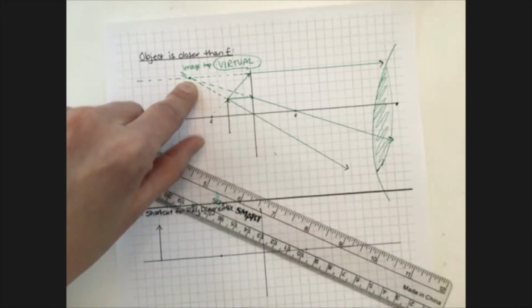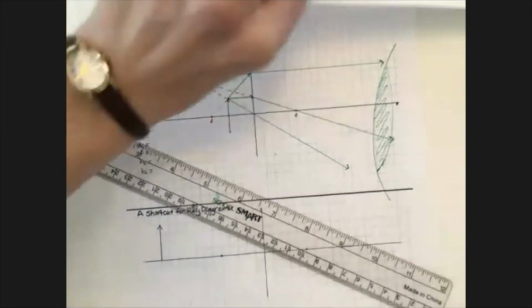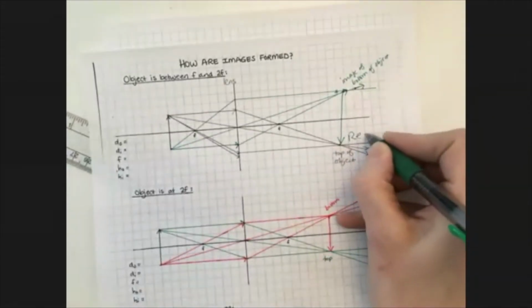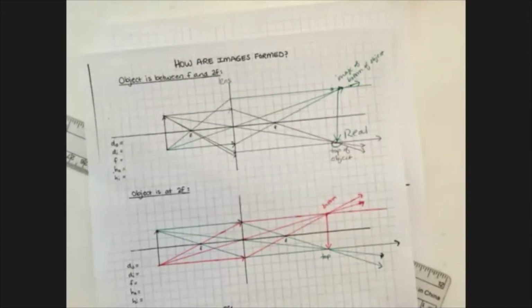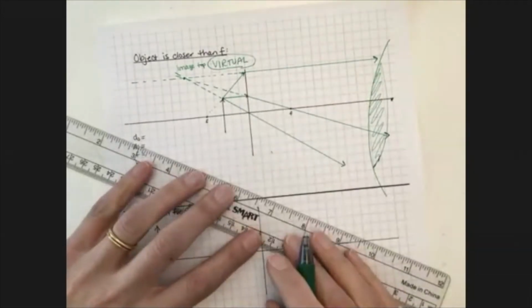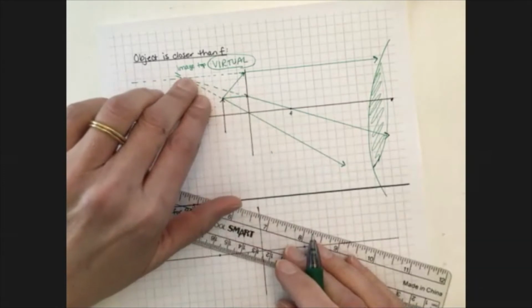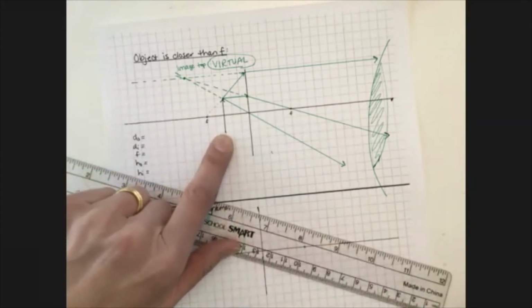All of the other ones that we've done are real images, because there's an actual intersection of actual real light rays there. Okay, did you guys get a chance to extend back your light rays and find that intersection point? Okay, let's do the bottom of the object now.